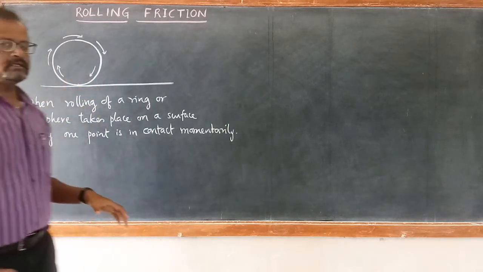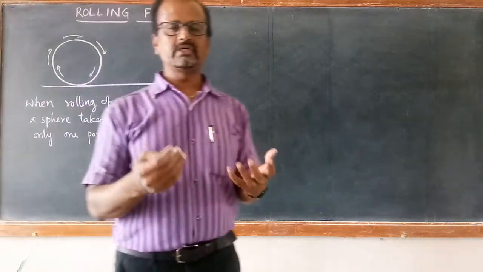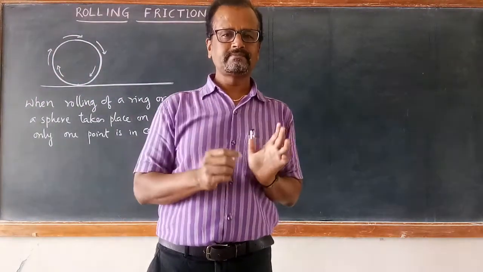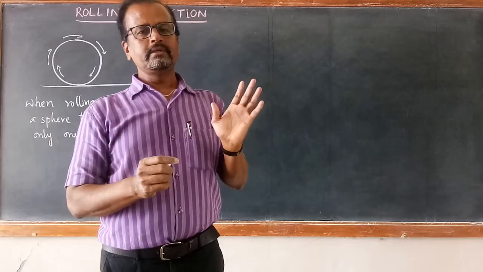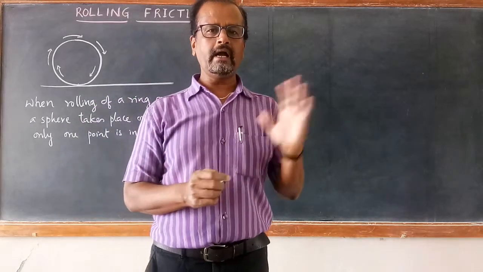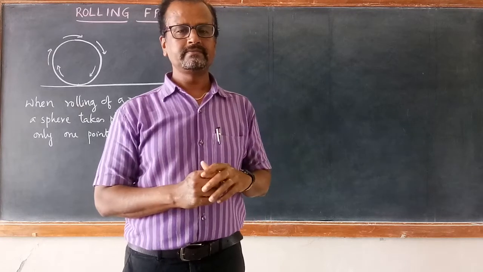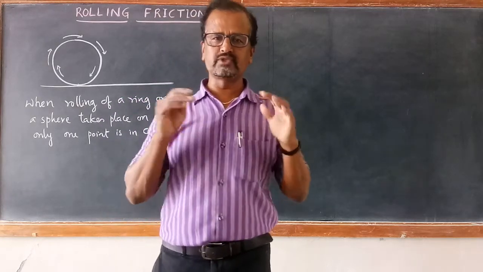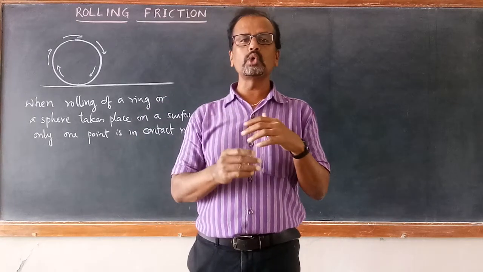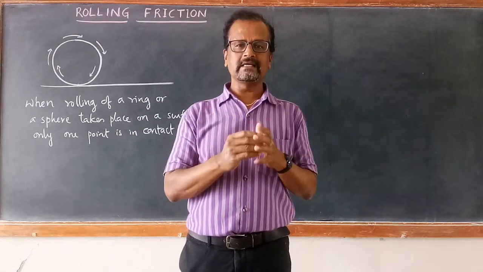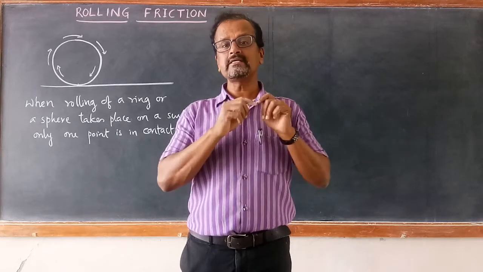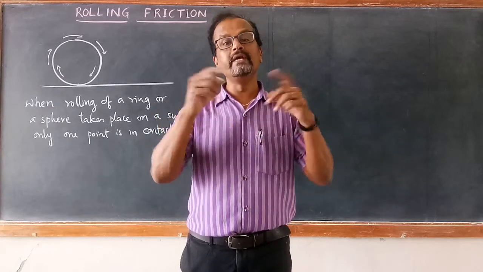Therefore, we can say that the friction which comes into play when the body is rolling is minimum compared to the static friction and the kinetic friction. So rolling friction is the friction that comes into play whenever there is rolling of bodies like ring or spheres or cylinders or wheels.